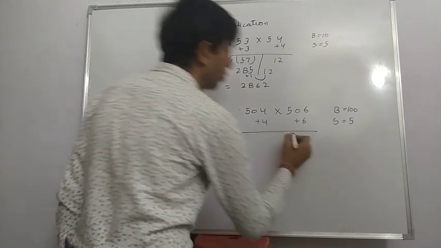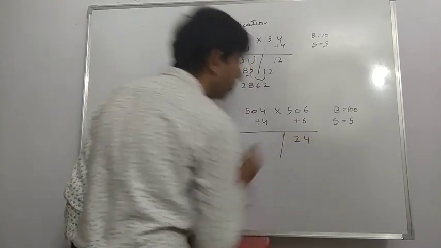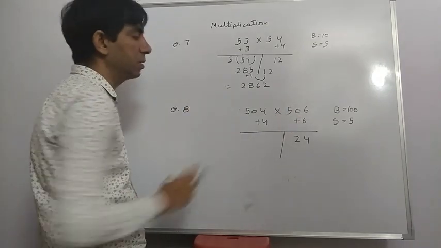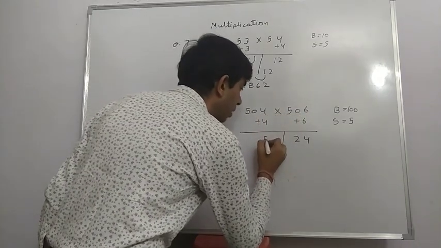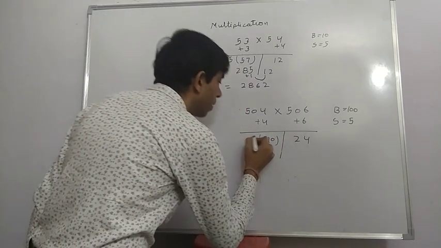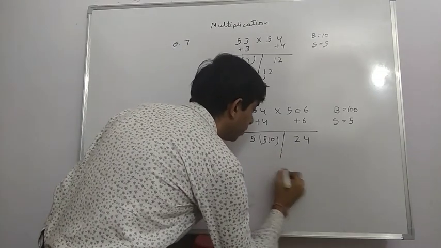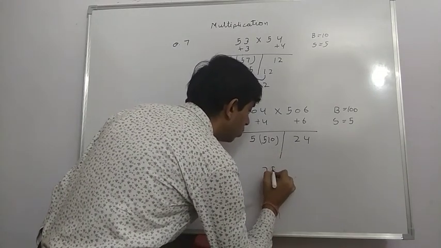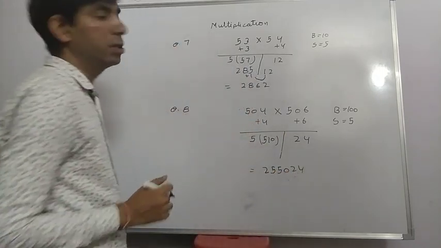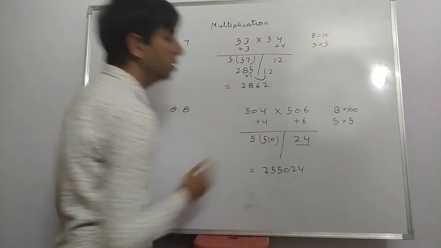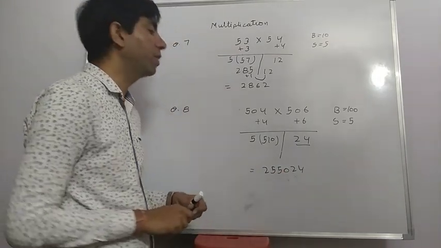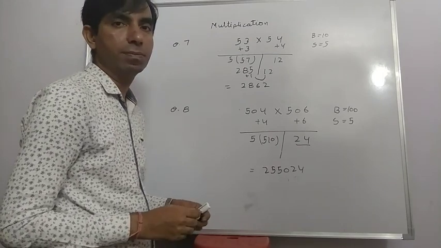Multiply the deviations, 6 times 4 are 24. And add one number to the other number's deviation, 504 plus 6, 510, and multiply it by the subbase 5. Then the answer will be 255024. It is our solution because 24 is as it is, and 5 multiplied by 510 gives 2550. It is the complete solution.